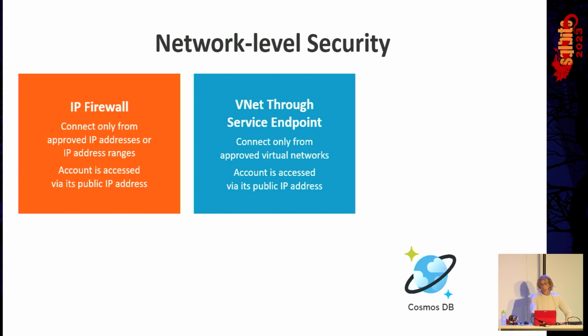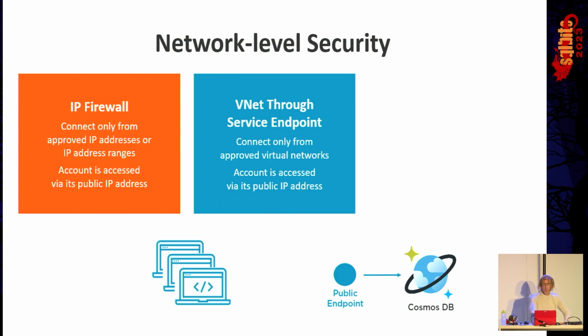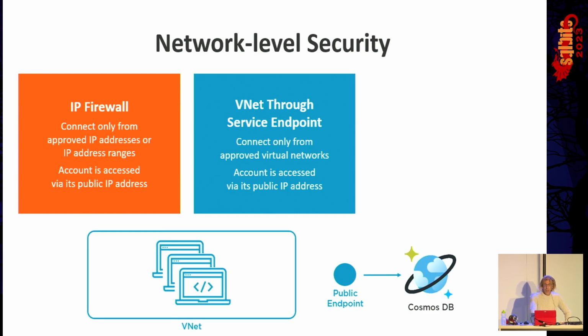And still in this scenario, Cosmos DB has a public endpoint that it exposes, but now I've got a set of clients all living inside of a VNet, and only that VNet is approved via a so-called service endpoint, which talks right to the public endpoint exposed by Cosmos DB, but other clients outside that VNet cannot, or outside any other VNets that you might approve.